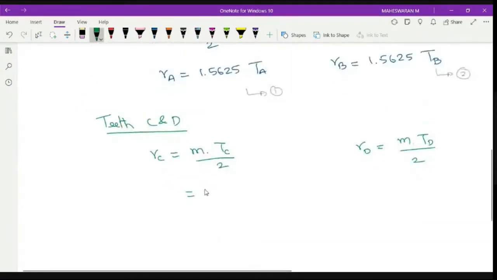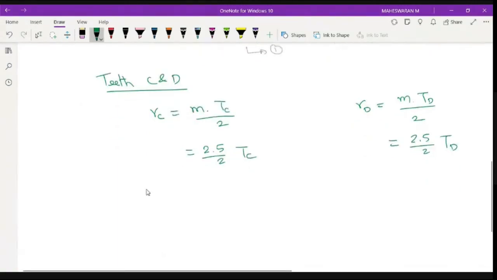So 2.5 divided by 2 times TD. So I can write RC is equal to 1.25 TC and RD is 1.25 TD. These are another two equations, equation 3 and equation 4.